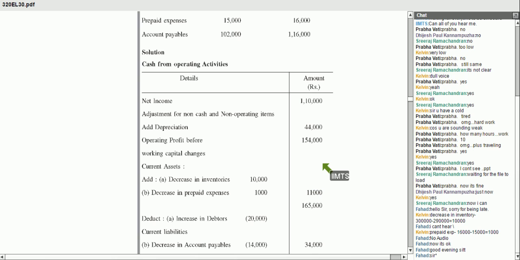Now if we add 1,54,000 plus 11,000, it becomes 1,65,000. That is, the operating profit before the working capital changes plus the sum of current assets. Clear, everyone?